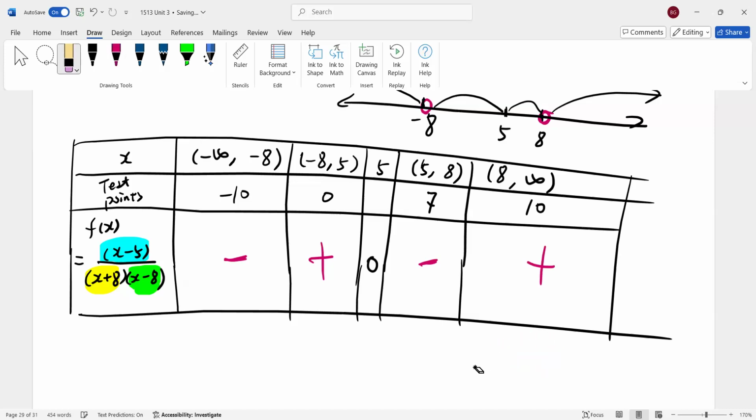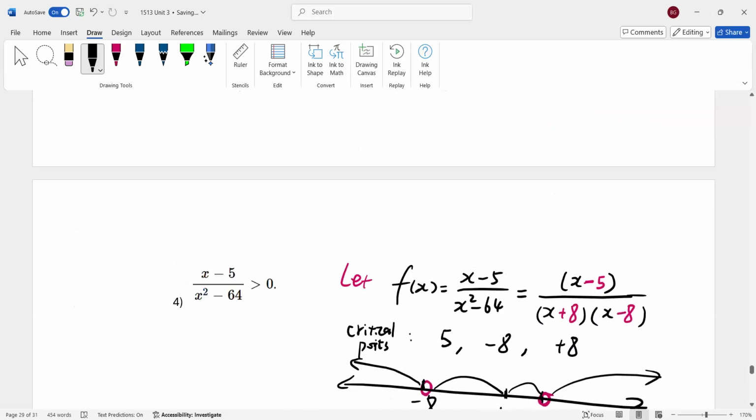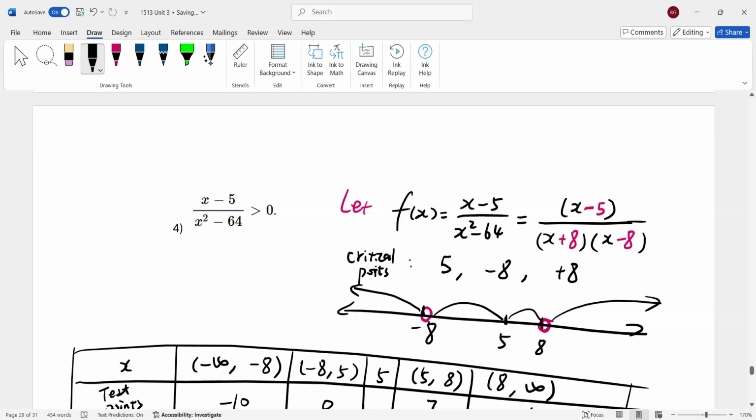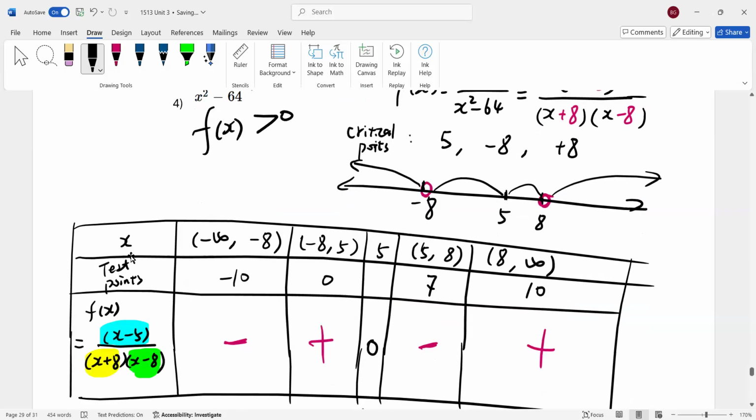We are looking for intervals over which f of x is bigger than 0, okay? Yeah, so the original inequality is f of x strictly bigger than 0. So it means positive.